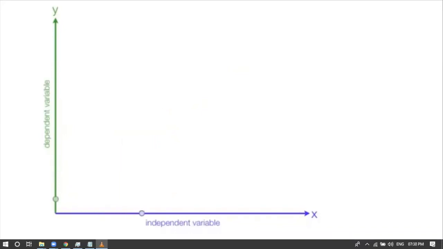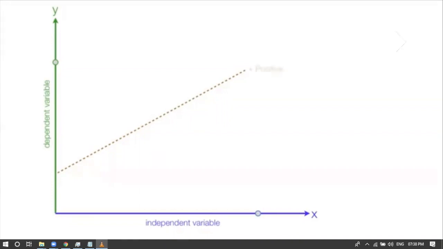Now, there are two situations. The first is when the line has a positive slope. If you're plotting a line in the graph, it's gonna be either a positive slope or a negative slope. How do we decide which? If the independent variable is increasing and the dependent variable is also increasing, then the line you get will be a positive slope line.